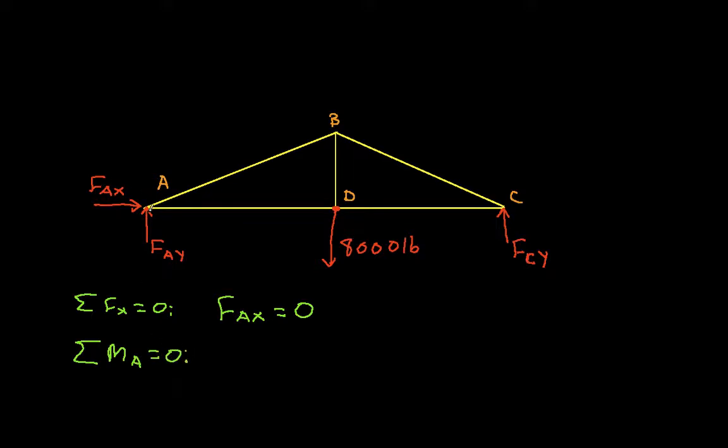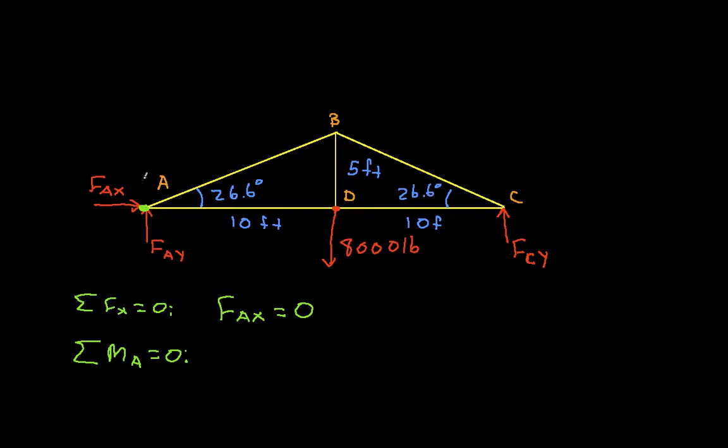The reason I'm choosing point A is because two forces go through point A. If I choose point A about which to compute my moment, I don't have to worry about FAX or FAY. I didn't draw in dimensions, I'm just being lazy. Let's assume that this is 10 feet, and that this is 10 feet, and this is 5 feet, which means that this angle here will be 26.6 degrees, as will this angle.